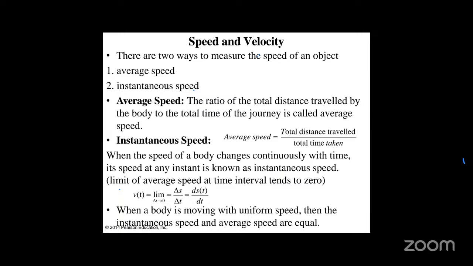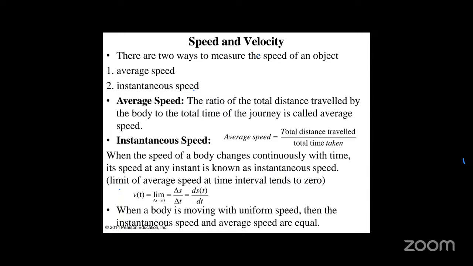Total distance traveled over total time taken is average speed. Another way of measuring speed is instantaneous speed. That is, the speed of an object at a particular point in time is referred to as instantaneous speed.